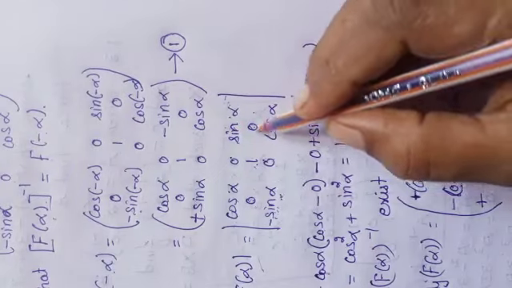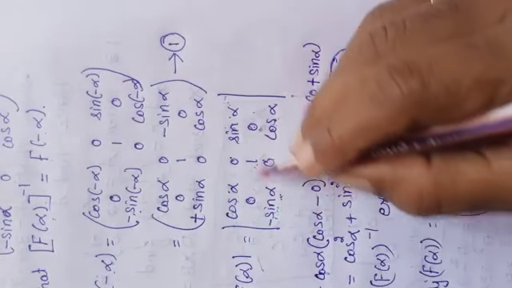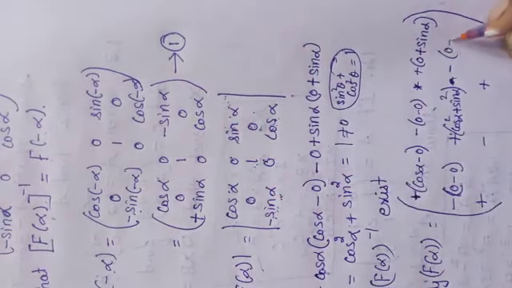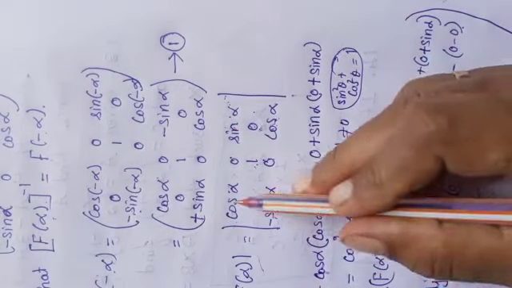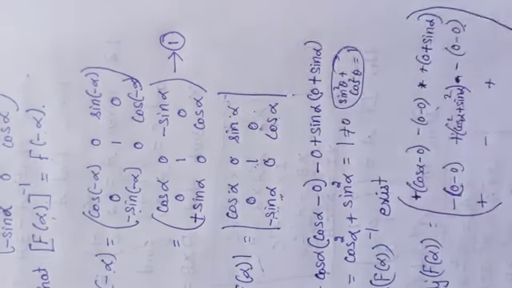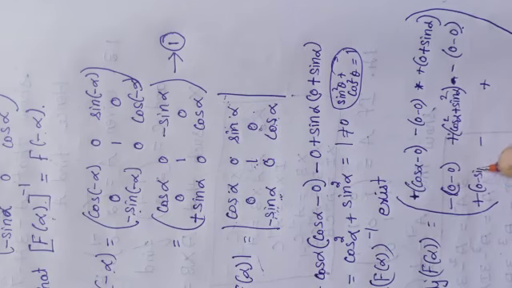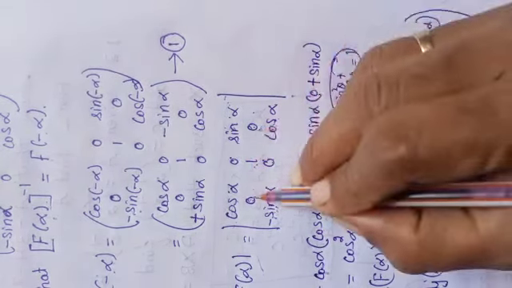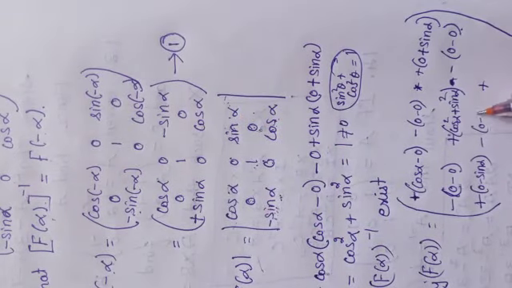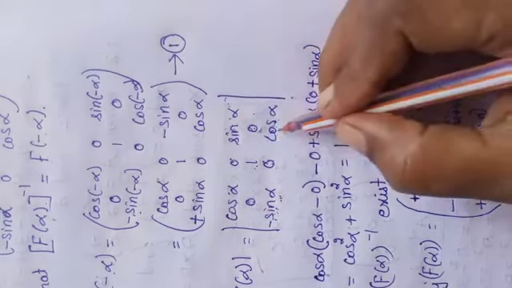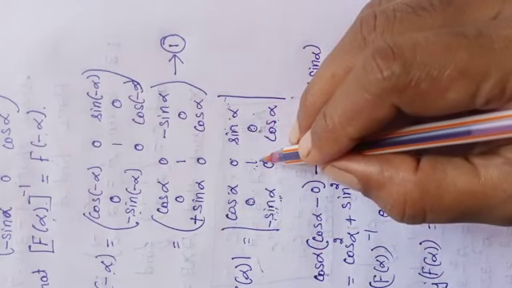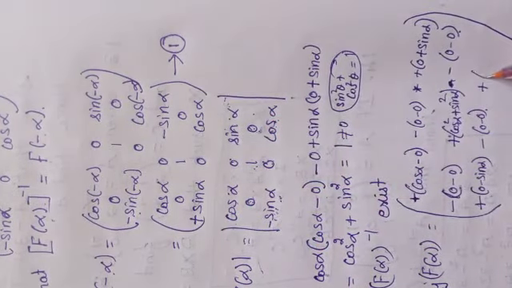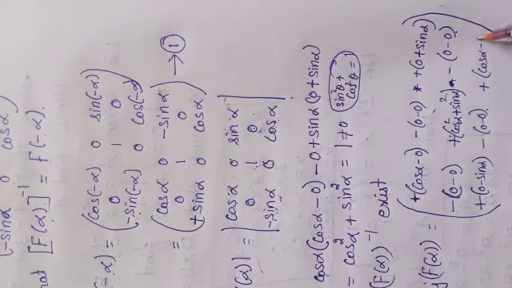Now for this position, leaving the row and column, 0 minus 0. Here, 0 minus sin alpha. For this position, 0 minus 0. And for this position, cos alpha into 1 is cos alpha, minus 0 into 0 is 0.